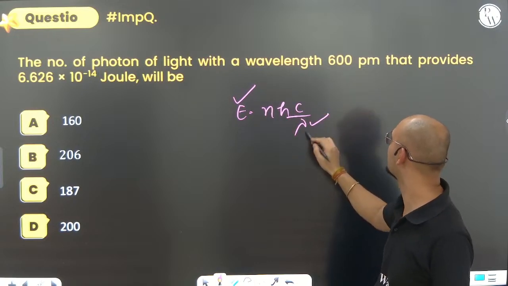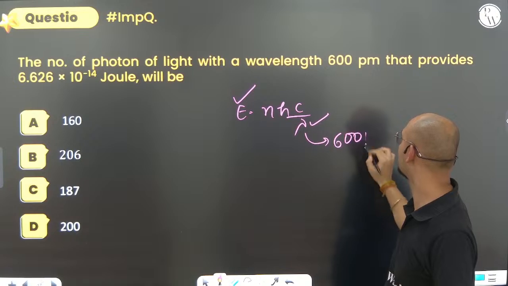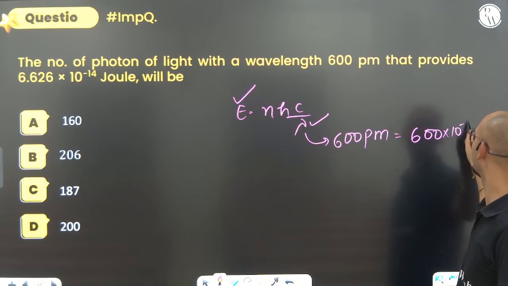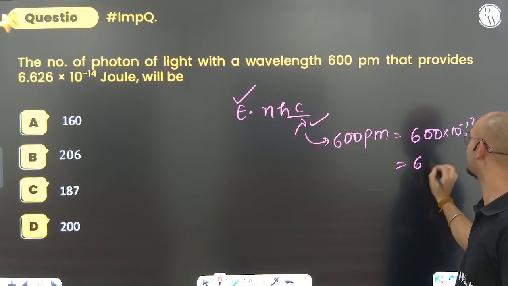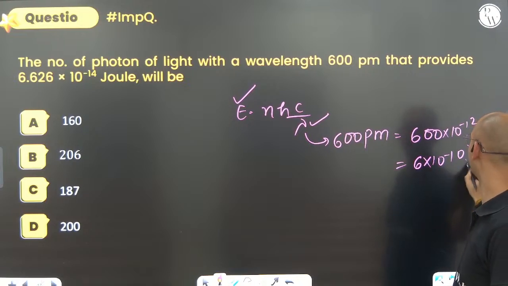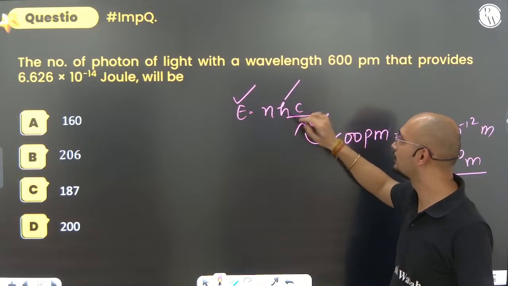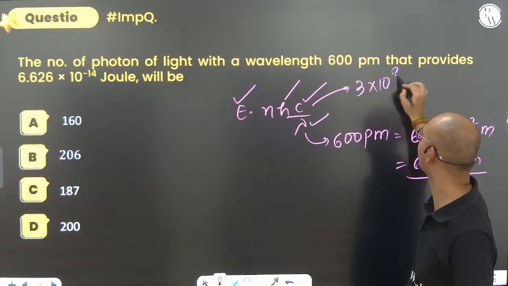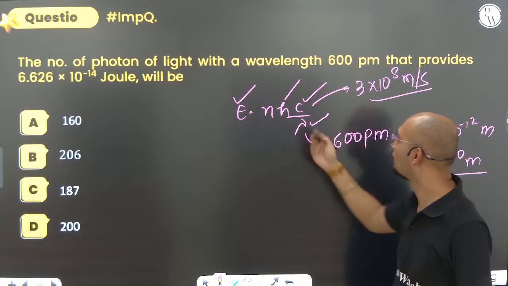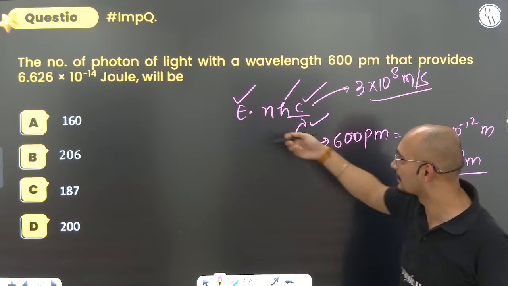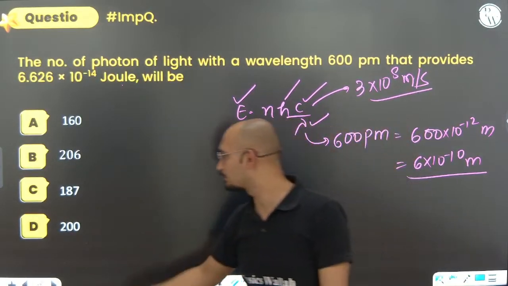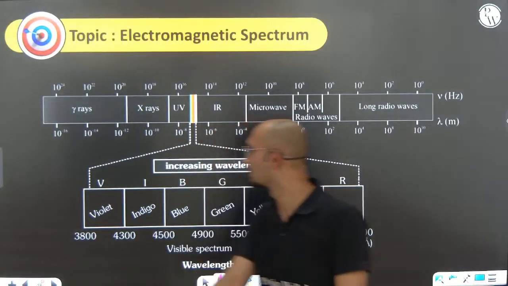Lambda is 600 picometer. 600 picometer means how much of meter? 600 into 10 to the power minus 12 meter, that is 6 into 10 to the power minus 10 meters. Keep in h value, you know, c value, you know how much it is: 3 into 10 to the power 8 meter per second. Why are we keeping everything in SI unit? The reason being that energy is here given in joules. Put these values and you will get the correct answer, that is 200.